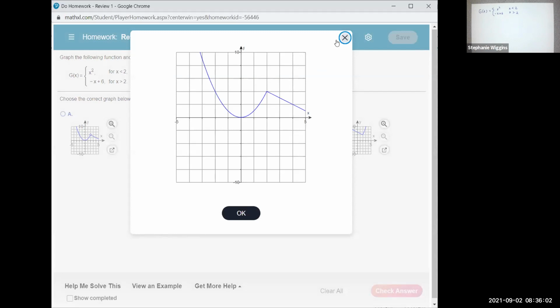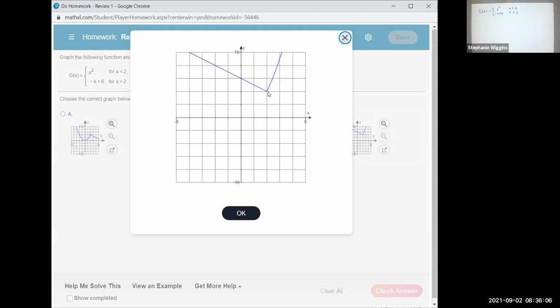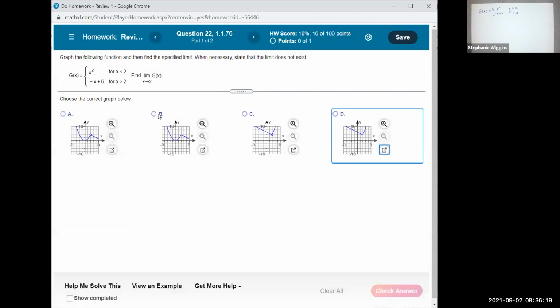So this one is out, and also this one is out. You would want a hole there because the function does not exist when x equals 2. If you draw a vertical line from the x-axis at 2, there's no hole there. So B and D can be eliminated. The choice is down between A and C.